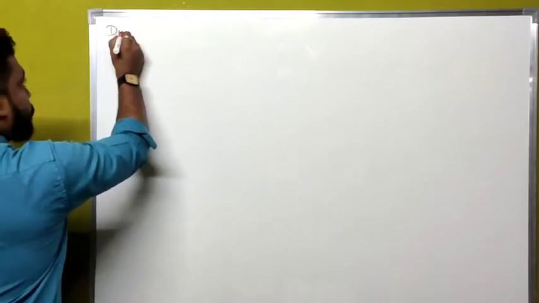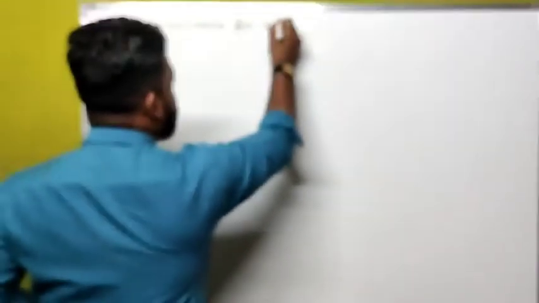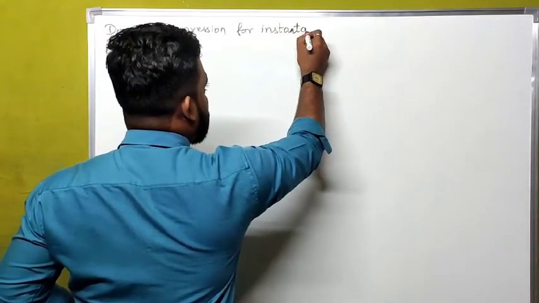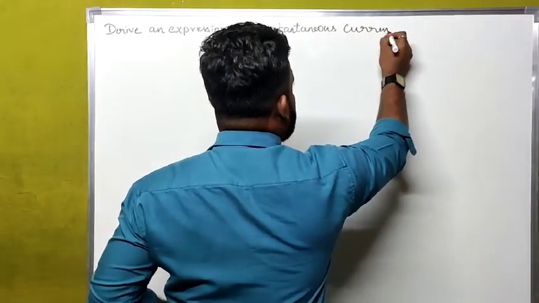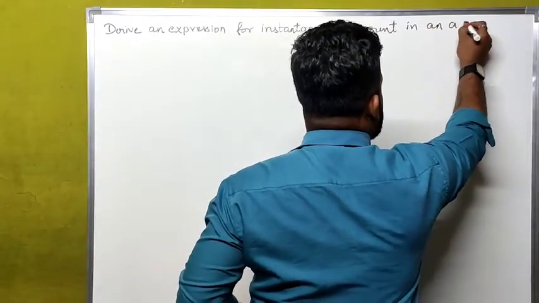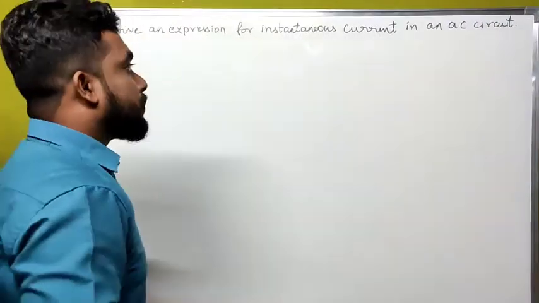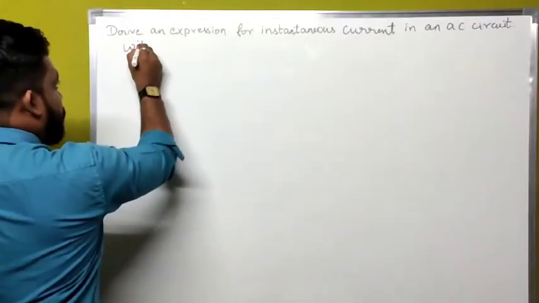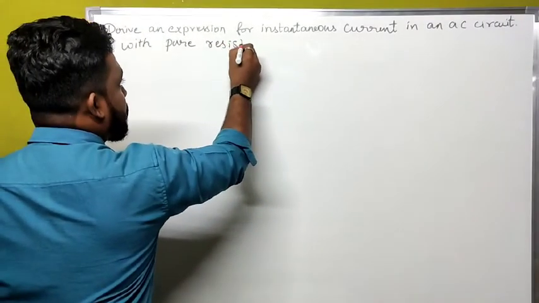Derive an expression for instantaneous current in an AC circuit with a pure resistor.